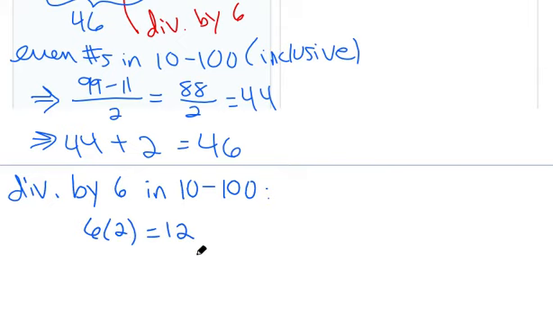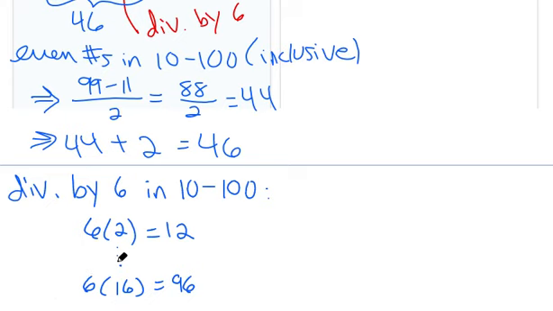And that's the second multiple of 6. So we can run through all of the multiples, and the largest multiple that lands in this range, less than 100, would be 6 times 16, and that's equal to 96.